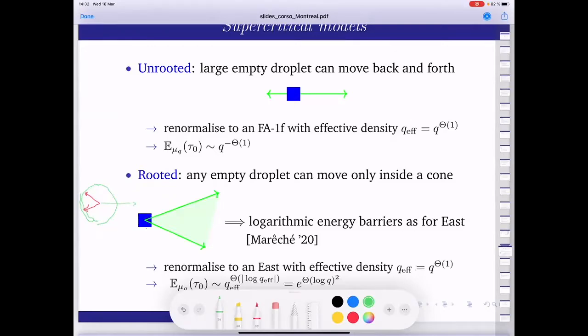In particular, starting from this empty region, I can always construct a path which empties these guys and then empties these guys, etc., etc.